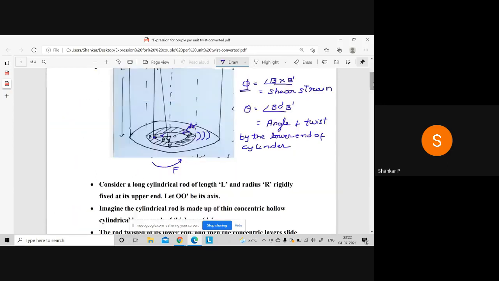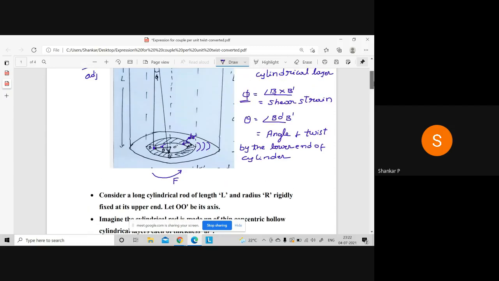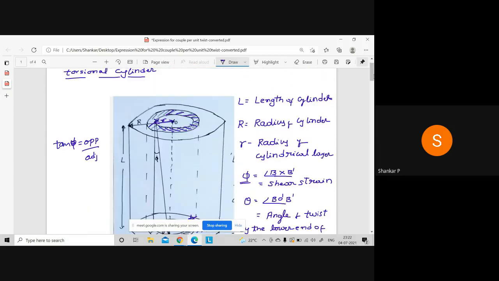Now using this, we can evaluate the couple acting on the entire cylinder. This entire cylinder is assumed to be made up of a large number of such cylindrical layers. So from 0 to R, where the radius is capital R, it can be imagined to be made up of a large number of concentric cylindrical layers.